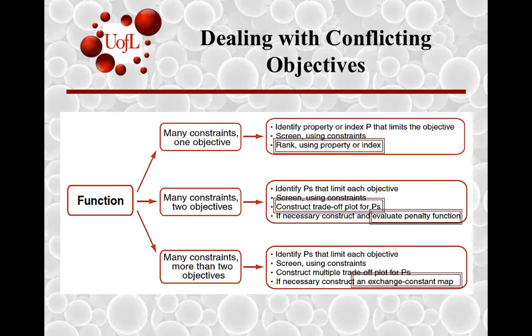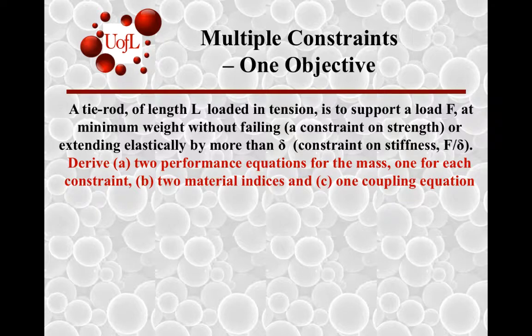Let's focus on the situation where you have a single objective and many constraints. Let's look at the tie rod situation again, where the length is L, the load is in tension, supported by load F. You want to compute the minimum weight without failing, and in that case, the constraint is a strength, or you want another situation where it can extend elastically by no more than delta.